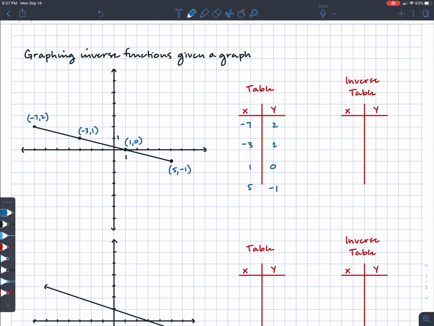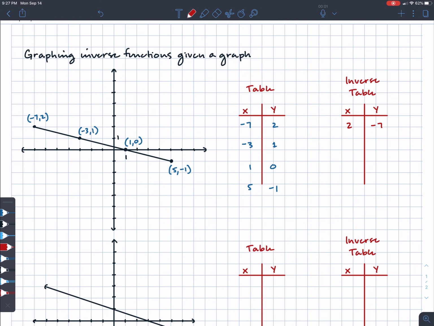Okay, so just pulling those points into a table. Now remember, when we make a table for the inverse function, what we're doing is we are flipping our points, our x and our y values. So I'm going to go in a different color here. I'm going to go with red. So instead of the point -7, 2, the inverse function is going to have the point 2, -7.